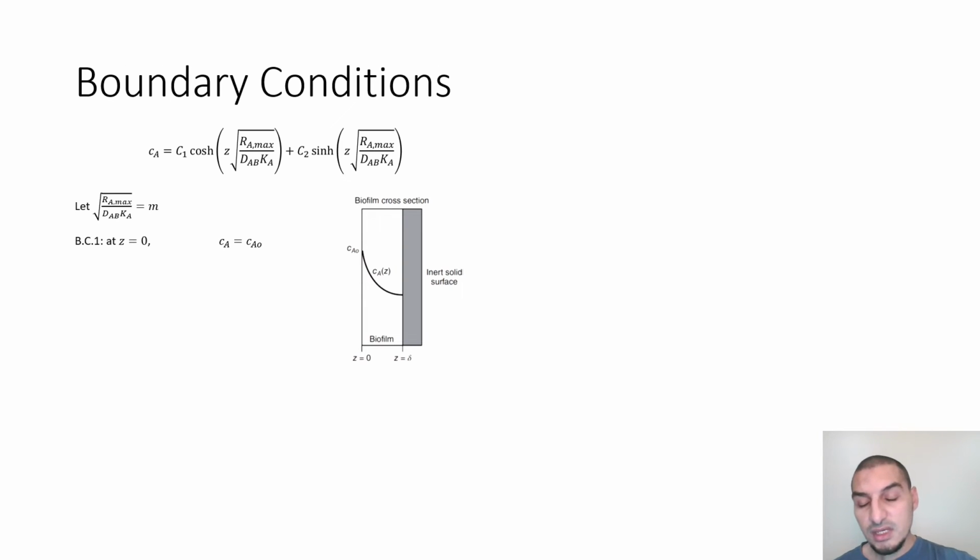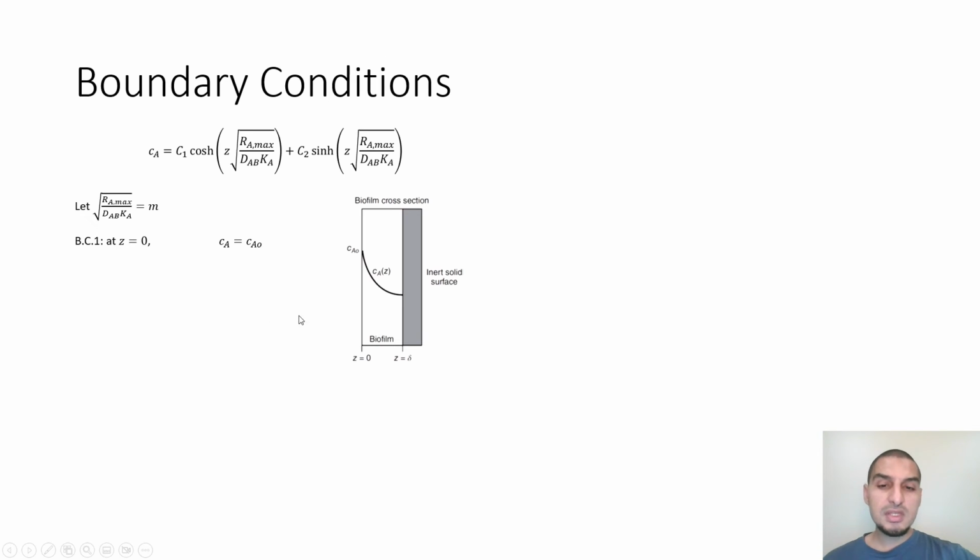Now let's go to the second boundary condition. Some might think it's like the problem that we solved previously, that at this thickness Z equals delta, the concentration is 0. This might be right, but it's not guaranteed because I don't have any evidence that the concentration is 0. You might have a concentration that is larger than 0.